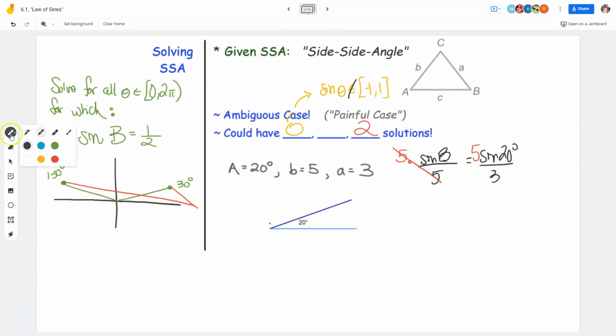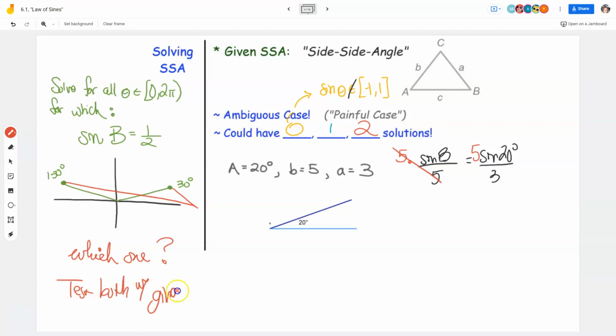That could happen, or you'll see, there might be times where there's only one. There's one and only one way to put together the information, but this is the dilemma. Which one? And my answer is test both with the givens.